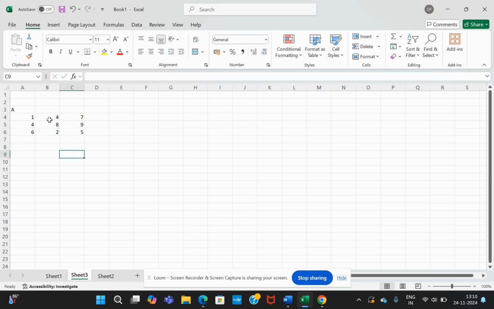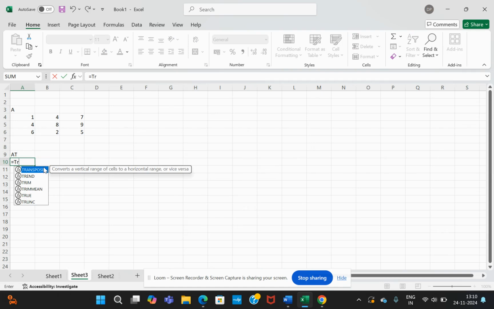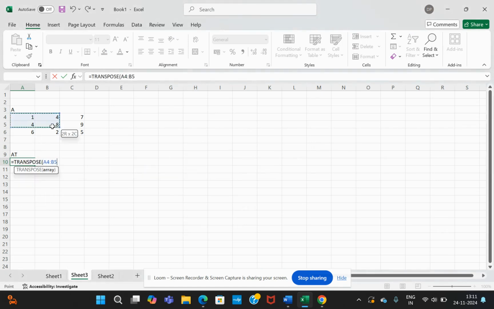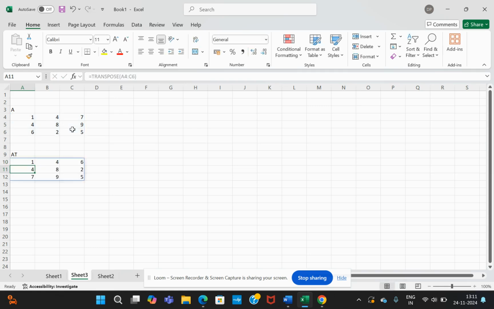Why do we call it a 3 by 3 matrix? There are 3 rows and 3 columns in that matrix. Let's write down the transpose of A, written as A transpose. In the spreadsheet, we simply use the transpose function, select the matrix, and press enter. So we will get the transpose of matrix A. That is the simple way to get the transpose of matrix A.